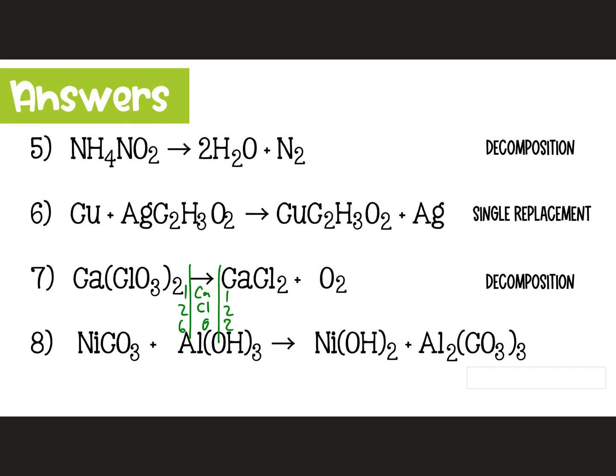In order to balance this out, the least common multiple of 2 and 6 is 6, so we need 6 oxygens, which we can achieve by tripling the number of oxygen molecules.